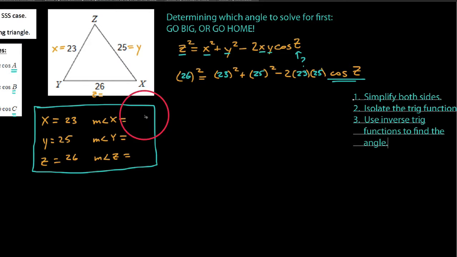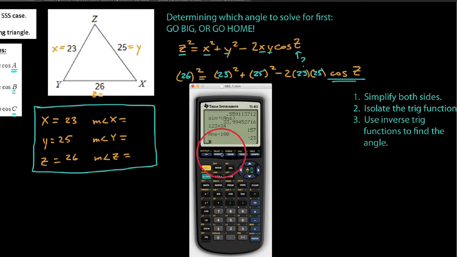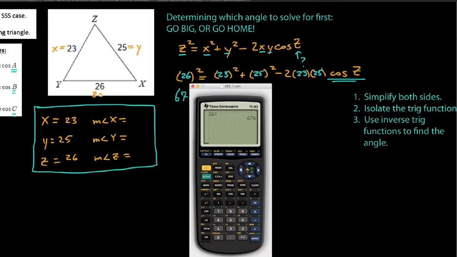Okay, so in terms of simplifying both sides, the only thing I can actually give you a recommendation to do is take your time. So for instance here, 26 squared, I would actually take my time. I would say 26 squared is 676. So on the left here we have 676. This is equal to 23 squared plus 25 squared. I'll go ahead and do that calculation right now.